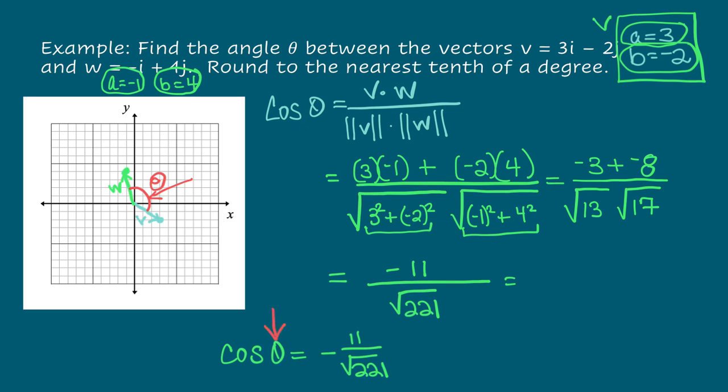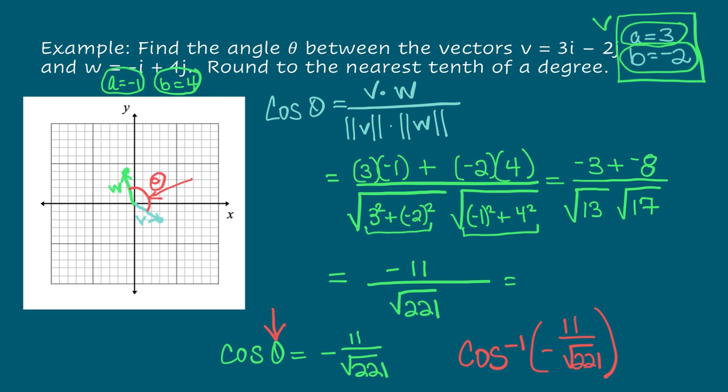This is the value I want to know right here. So I need to take the inverse cosine of -11 over square root 221 in my calculator, in order to find out what angle has that cosine value.